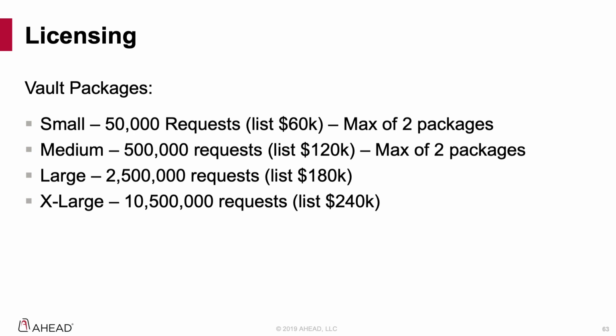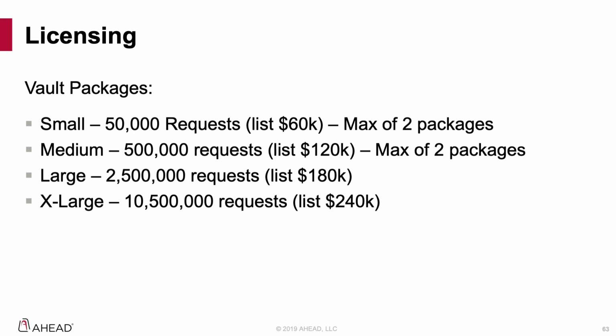So small, medium, you got 50,000 requests, 500,000 requests, large 2.5 and 10.5 million requests, and those are API calls that use a token. I've got more information on that one. Just note that for the small and medium packages, it's a maximum of 2 packages per customer.